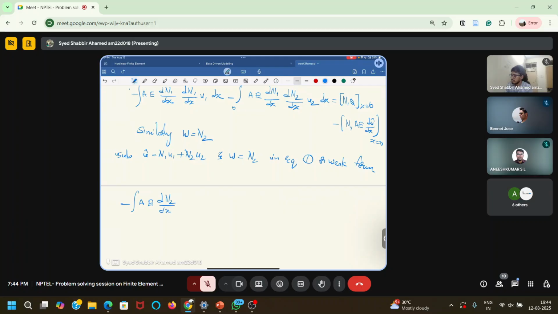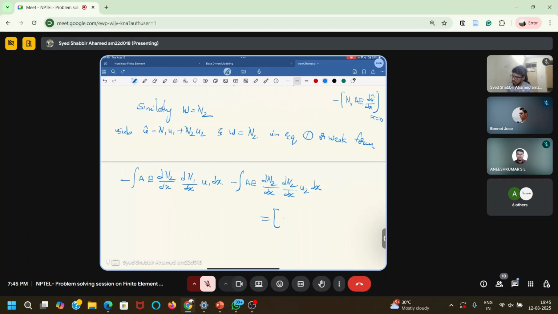Same thing with a minor difference. And here, instead of N1, we will get N2.